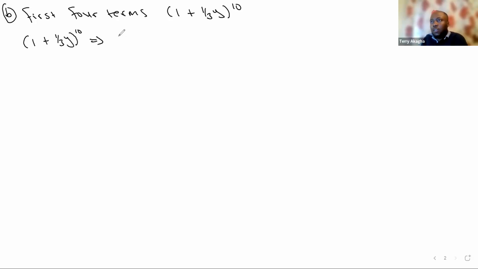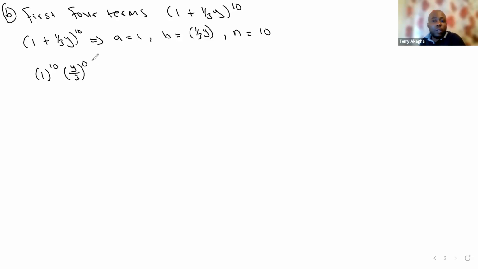So the a is equal to 1, the b is equal to 1 over 3y, and our n is equal to 10. So you put it in the formula as well. The first 4 terms are going to be 1 raised to the power 10, and 1 over 3y, which is the same thing as y over 3, raised to the power 0.